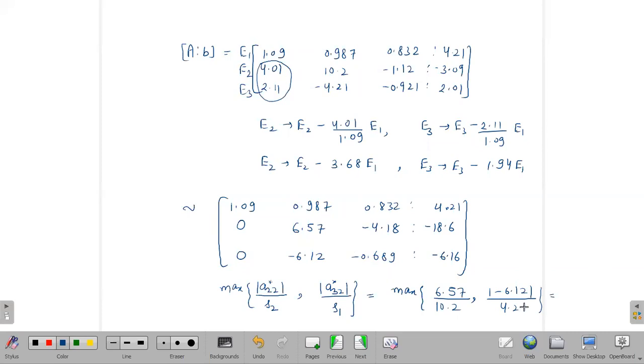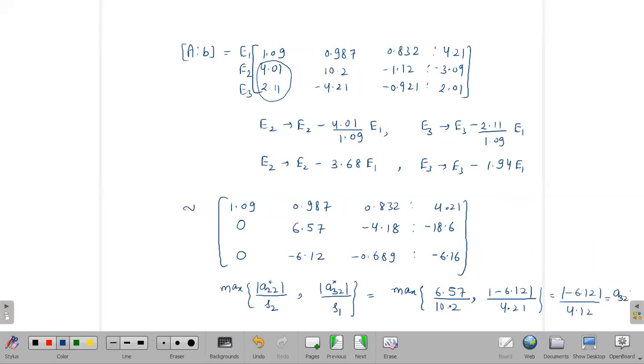So which one is maximum? This is 6 point something divided by 10 point something. This is also 6 point something divided by 4. So obviously the second will be maximum. You can check with the calculator. 1.412 is the maximum.